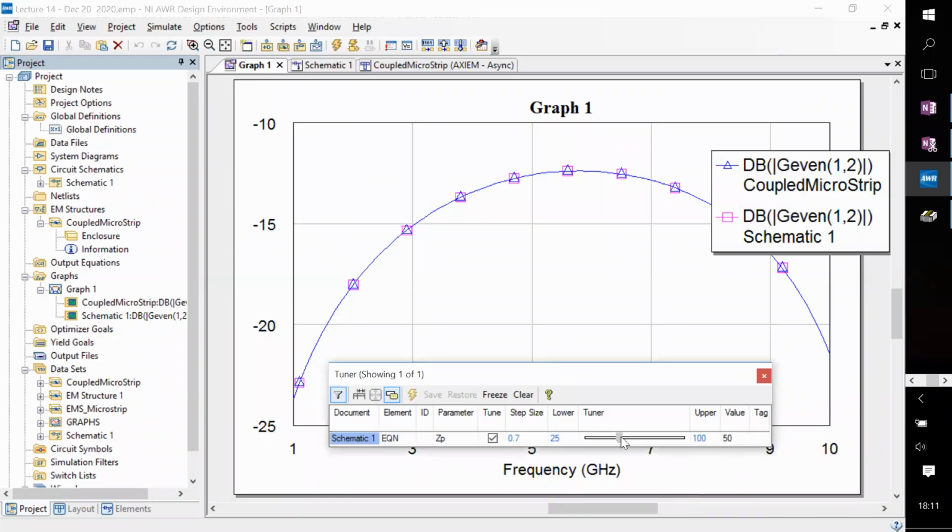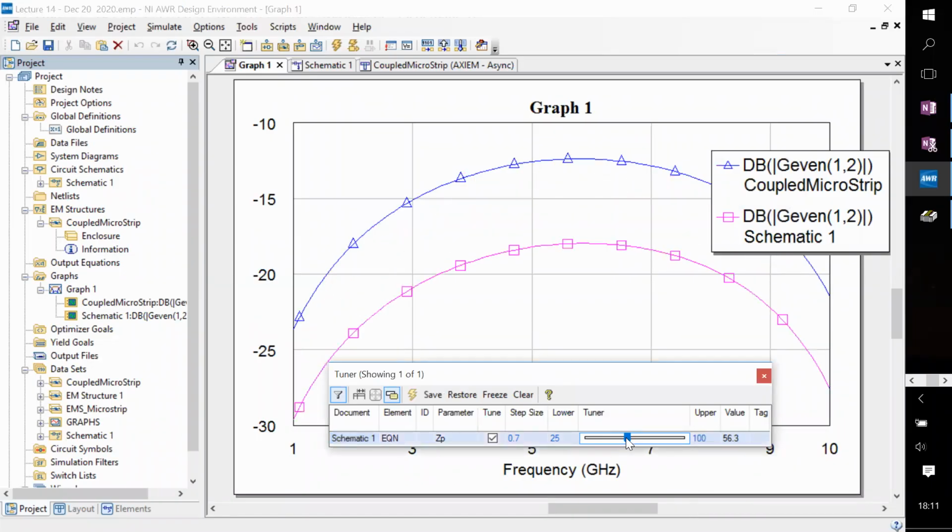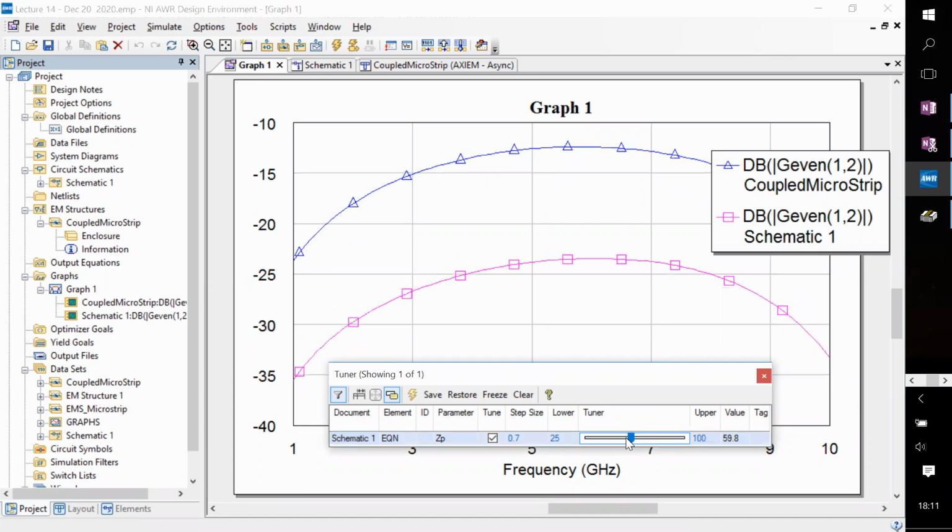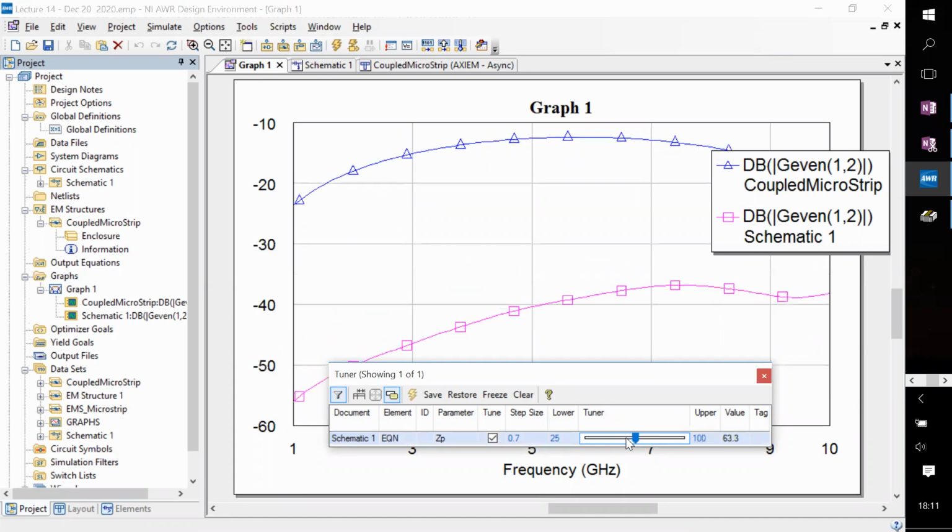Now if I change this thing here, we see that it starts to get better and better, and right around the 60 ohms, it starts to turn around.